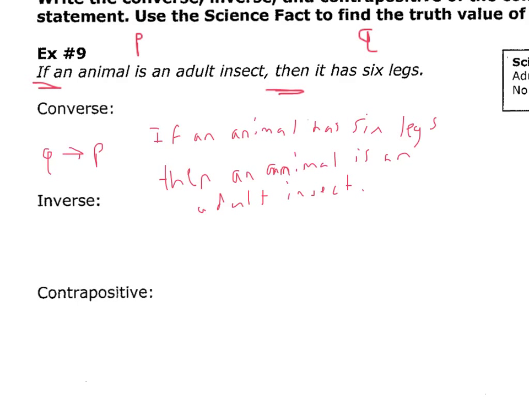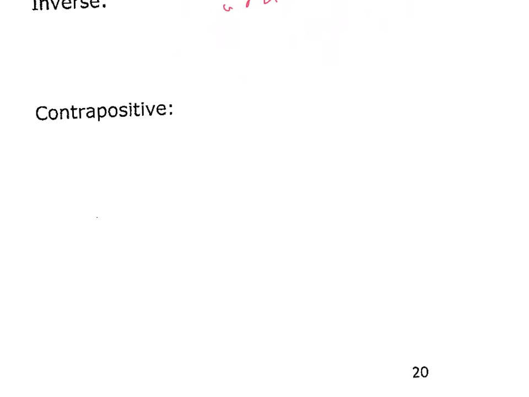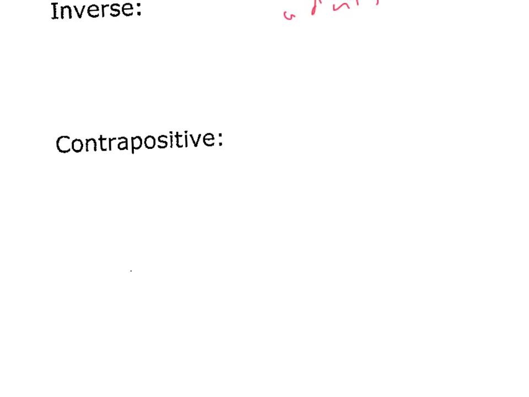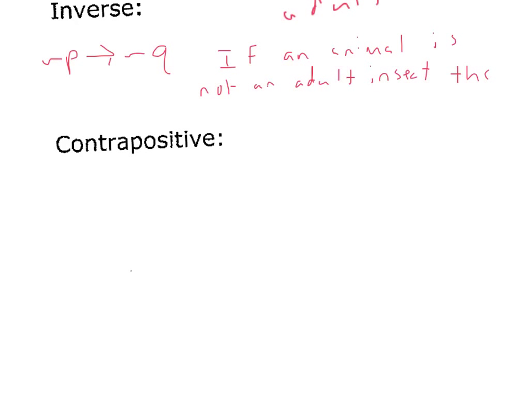Okay, let's go ahead and write our inverse. And when you write your inverse, it will be not P, or the opposite of P, goes to the opposite of Q. So if we were to write that same statement in the inverse, meaning the opposite of everything, you would write if, then bring in the opposite of P, if an animal is not an adult insect, then you would bring in your opposite of Q, then it does not have 6 legs.